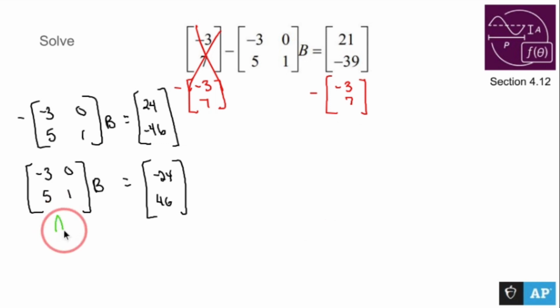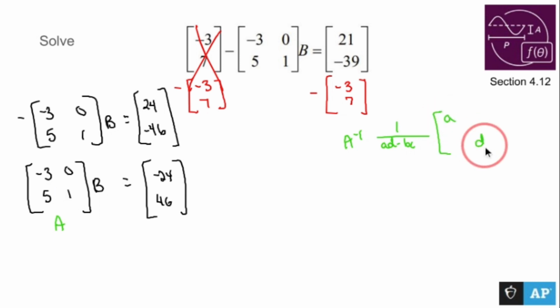Okay, so I'll call this A. The inverse of A is going to be 1 over the determinant. What's the determinant? AD minus BC, multiplied by the matrix where you flip-flop the A and the D elements, and then swap the signs of B and C. So what that's going to look like for us, A inverse, is going to be 1 over A times D, which is -3, minus BC, which is 0 times 5.